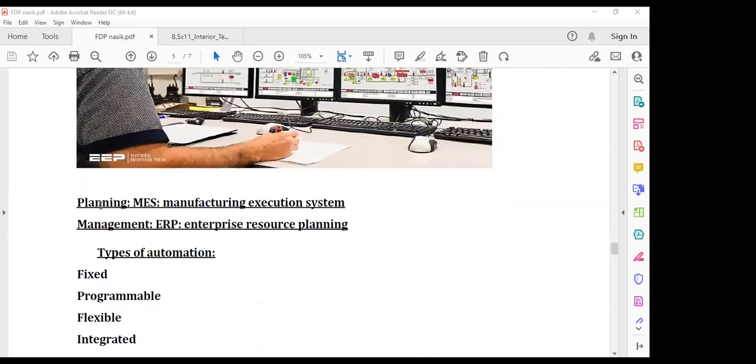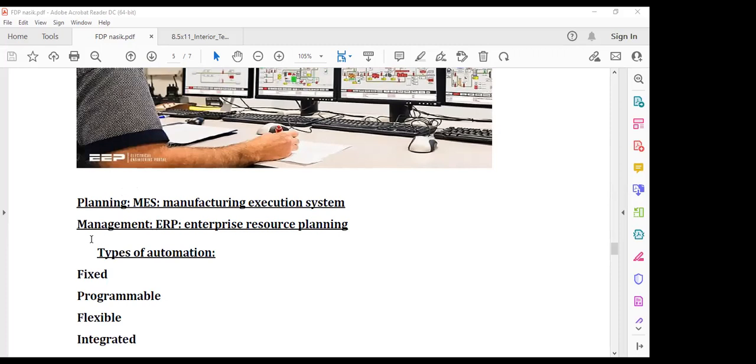Then it comes planning, manufacturing execution system, MES. And if we talk simply about it, this is the group of people who are connected to engineering field and different level, like managers, or you can say engineers, or any person who is related to engineering on higher authority, that will come in planning level, and MES, manufacturing execution system.